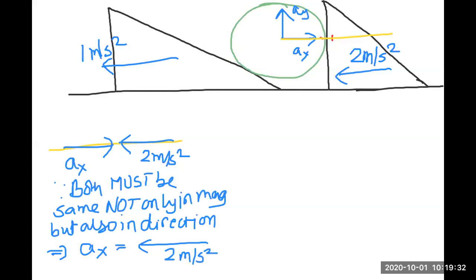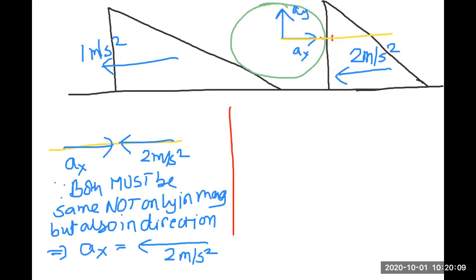Right? तो ax का जो भी डायरेक्शन मैंने अज्यूम किया है ये गलत है. ax माइनस x के अलावा होना चाहिए. How am I coming to this conclusion? I am coming to this conclusion because both the acceleration of the sphere and the inclined plane along the yellow line must be the same, not only in magnitude but also in direction.